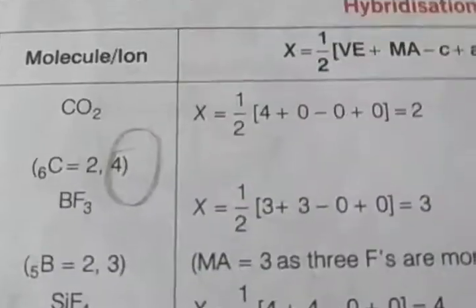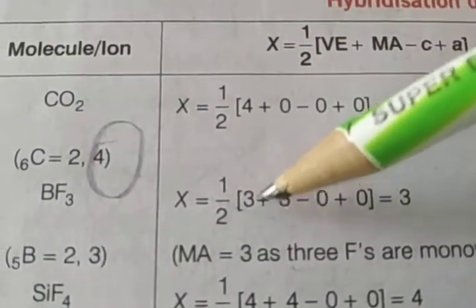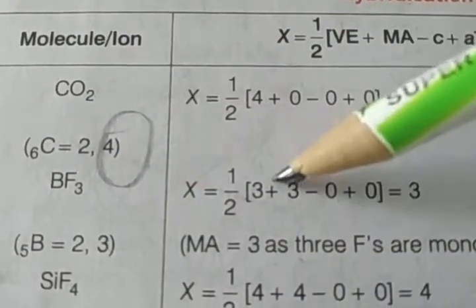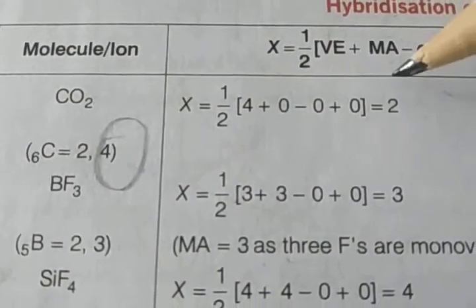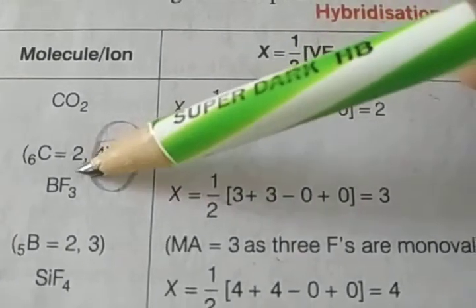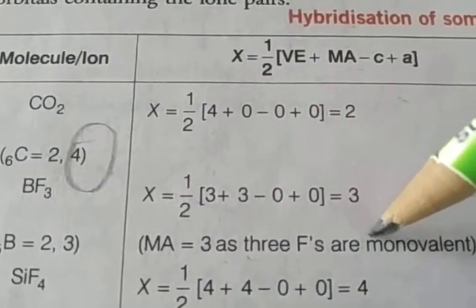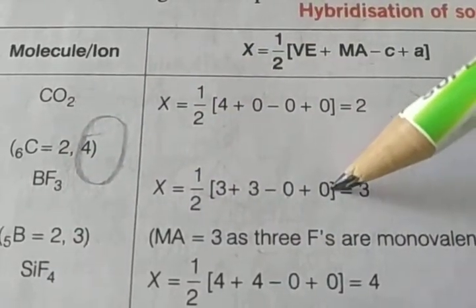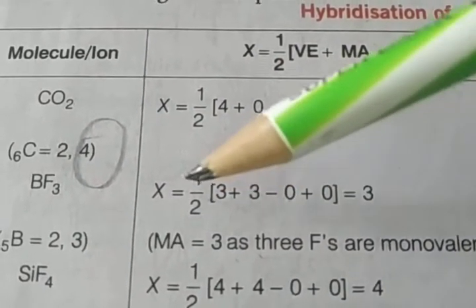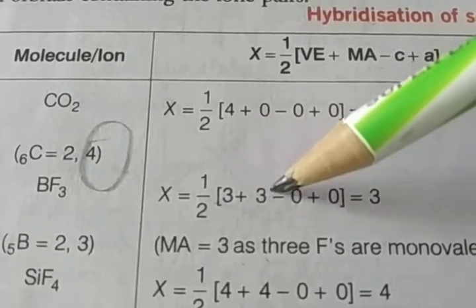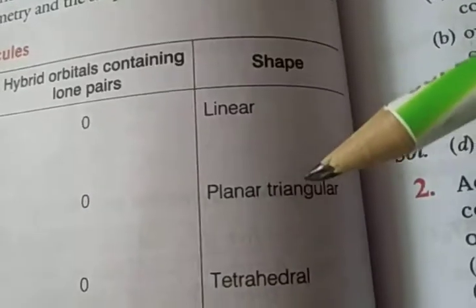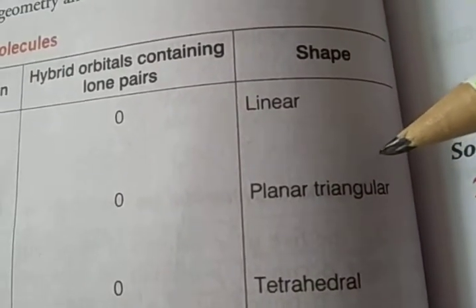Like BF3: X is equal to half of 3 outer valence electrons, plus 3 monovalent fluorine atoms attached, minus 0 charge on cation, plus 0 charge on anion. So 3 plus 3 is 6, half of 6 is 3, so 1s and 2p, sp2 hybridization, shape trigonal planar.